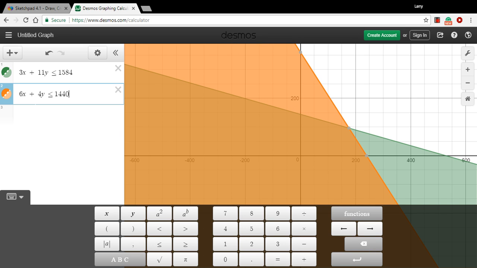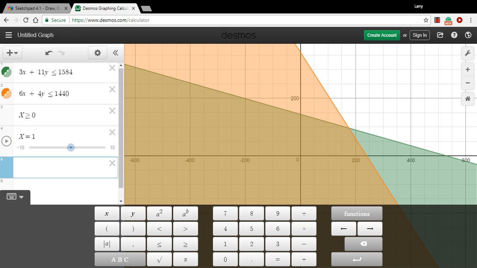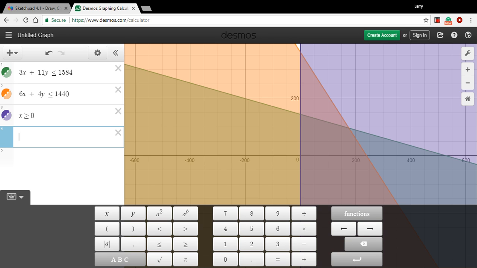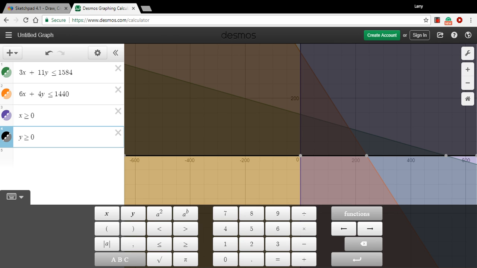Okay, getting a nice shape already. And then we've got x is greater than or equal to 0. And y is greater than or equal to 0. Okay, so these two are less than, so it's going to be under the two diagonal lines. So this is our shape right here.